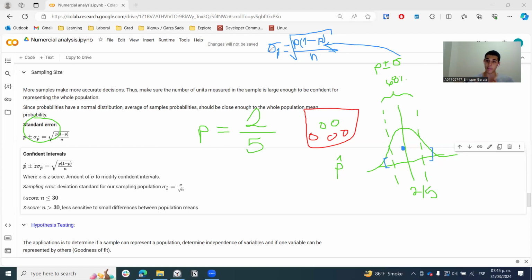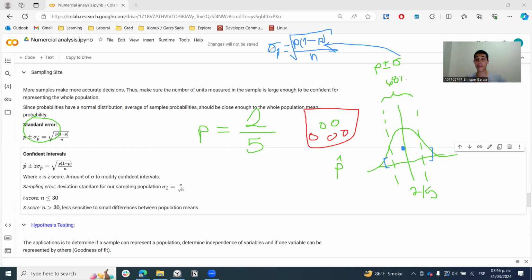When you increase the amount of population, the standard deviation will decrease, meaning that the more population we have, our sampling is much closer and much more accurate.